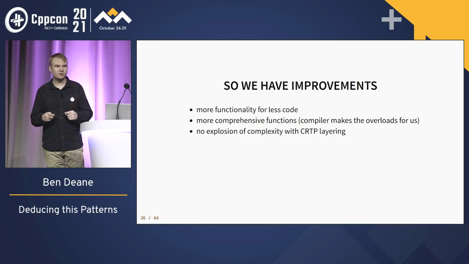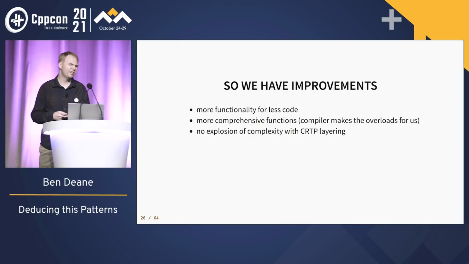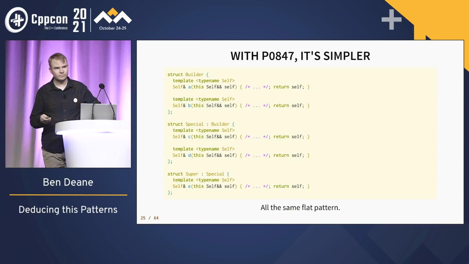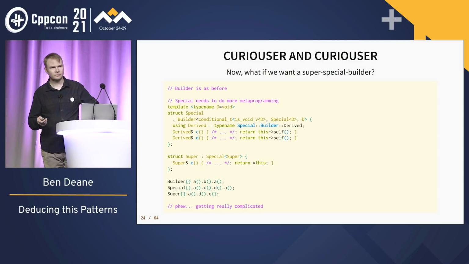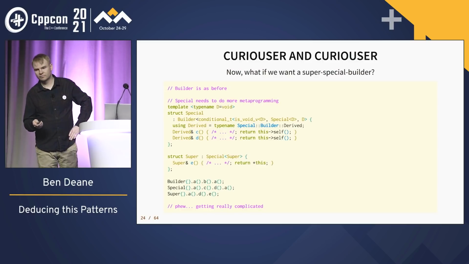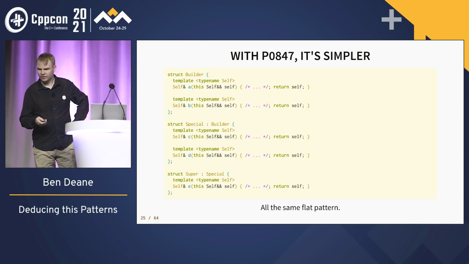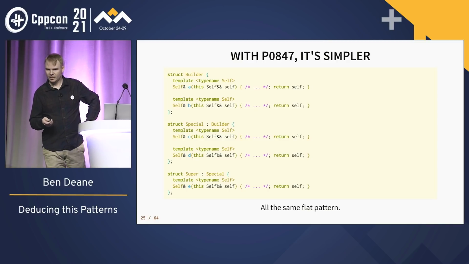Anyone have any questions? Jody? So in the previous one, where you had the inheritance, if it's a base class and you did a using of my base class A, would it deduce the type for the derived class, or would you just bring it into the namespace? Which slide are you referring to? If in special you said using builder : A, would it deduce to special or to builder?